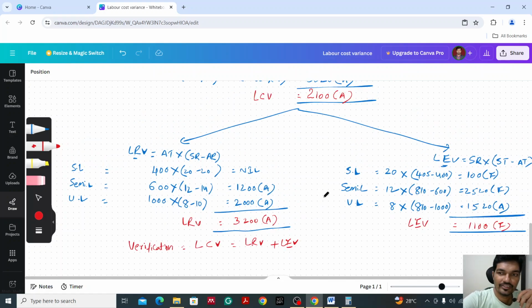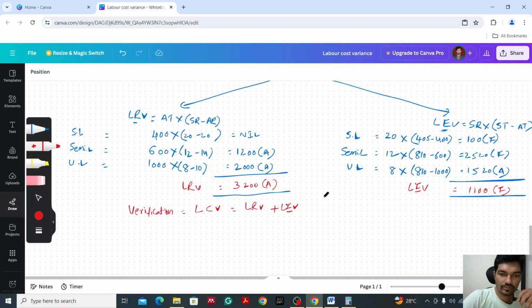The LCV answer is 2100 in adverse, and the LRV value is 3200 in adverse, and LEV 1100 in positive or favor. So the negative value is more than the positive value, 3200 minus 1100. The result is 2100, hence it is verified.